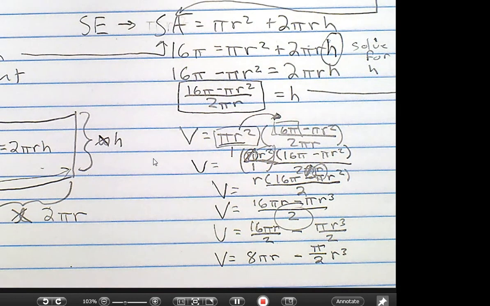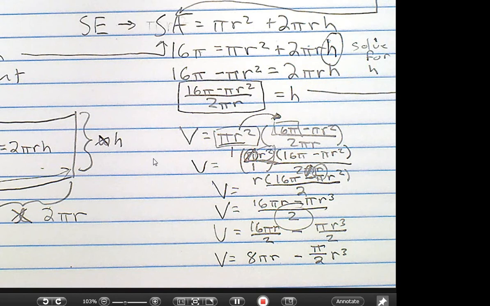Okay. So I want everybody to go ahead and take the derivative of those. Go ahead and take the derivative of the volume, and then I'll catch up with you. If you had factored out the 1/2, it would have looked like this: 1/2 times 16 pi r minus pi r cubed, and then you would have just taken the derivative of this, and you would leave that alone.